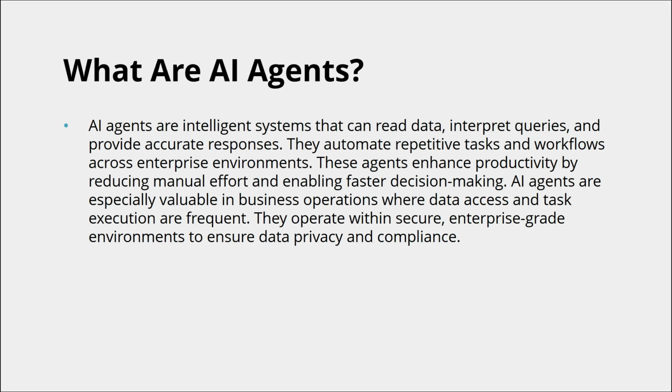So what are AI agents? People often get confused with this term: AI agents, agentic AI, machine learning, many things. Let's focus only on AI agents, because agentic AI is a little bit different from AI agents. An AI agent is a digital assistant that can answer your questions. You can say, Gautam, a chatbot can also do that.